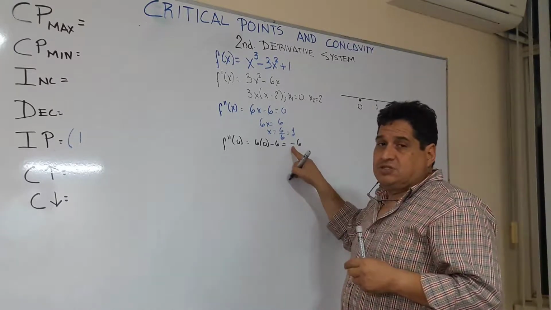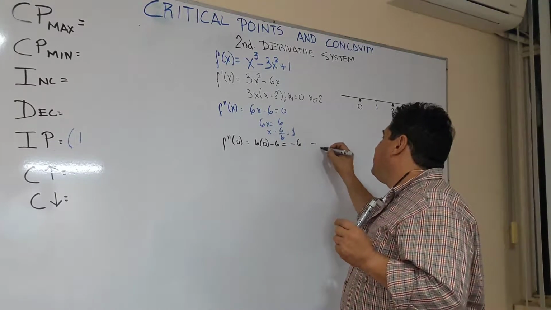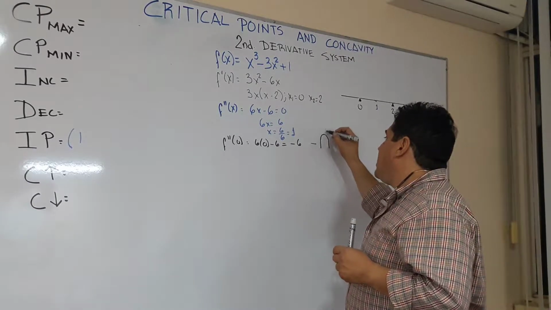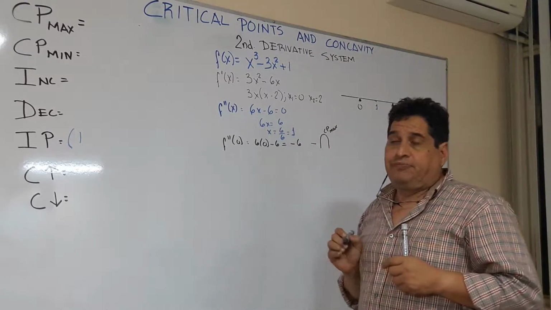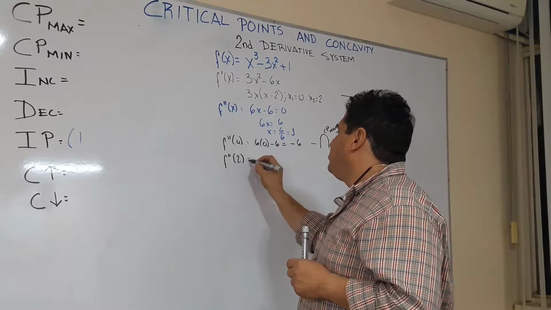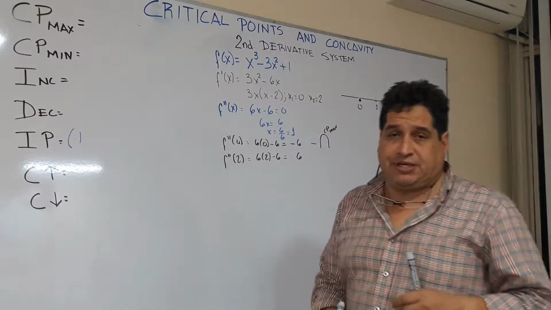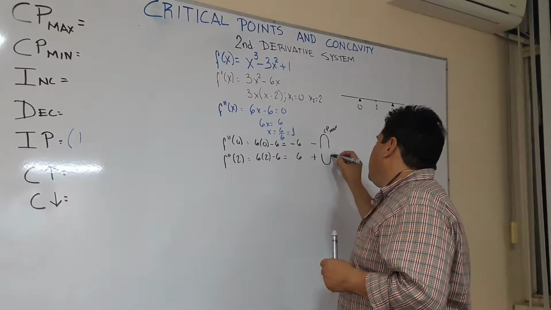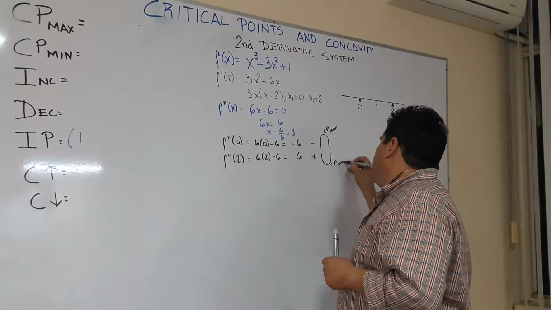It's negative, so it's going to be concave down, and that means that critical point is going to be a maximum. Now f double prime of 2 is going to be 6 times 2 minus 6, which equals positive 6. Since it's positive, it's going to be concave up, so that critical point is going to be a minimum.